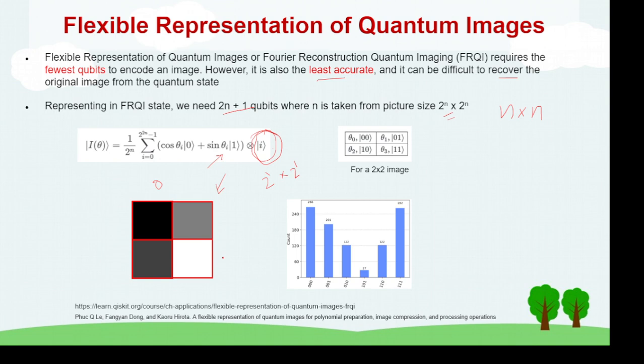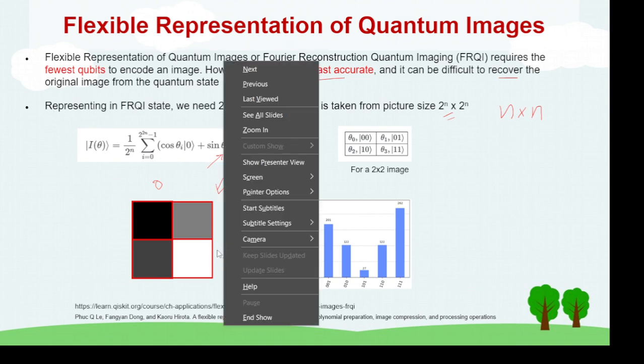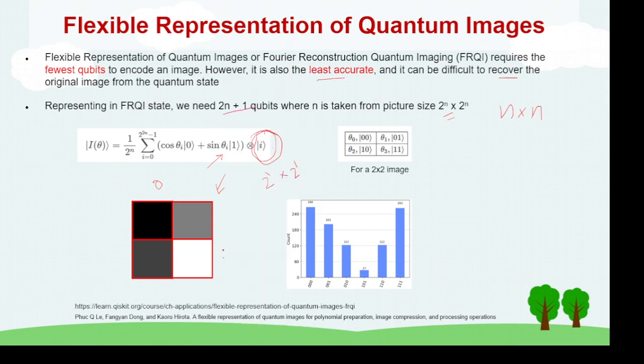This one we will encode with pi by 2. The other 2 pixels, which are gray, will be encoded with some angles in between 0 and pi by 2. After we encode, if we measure the state of the qubits, we will get output something like this.